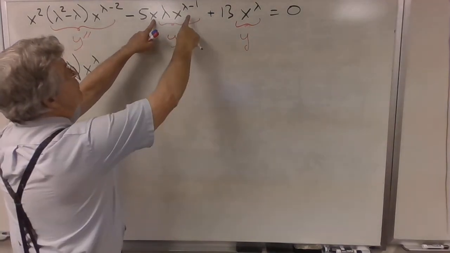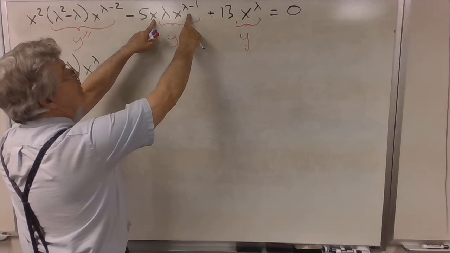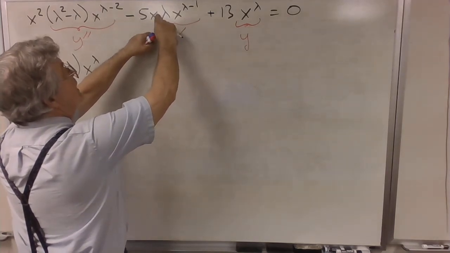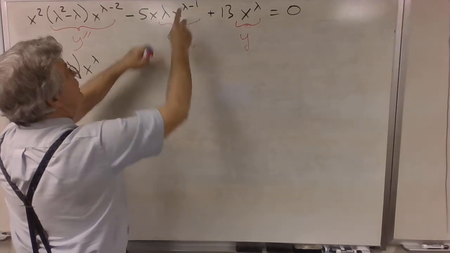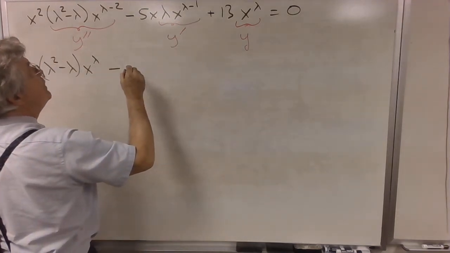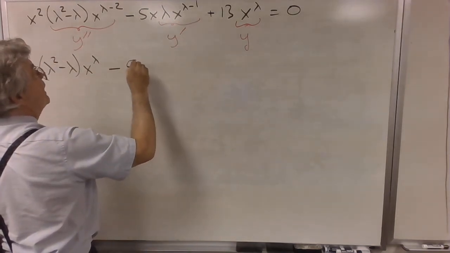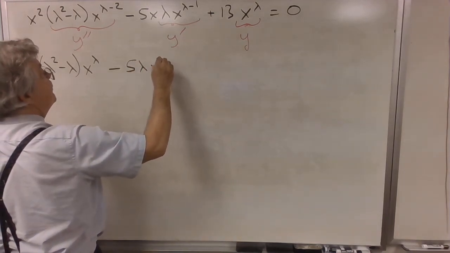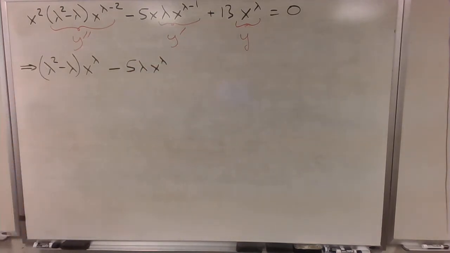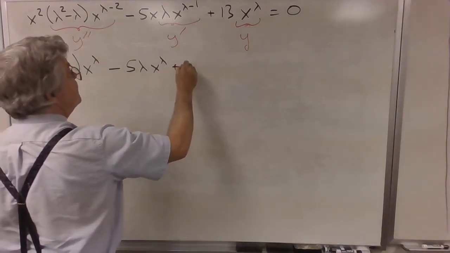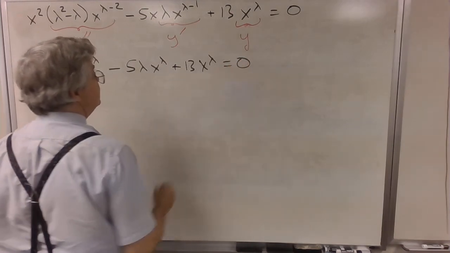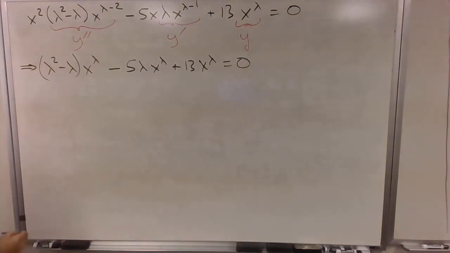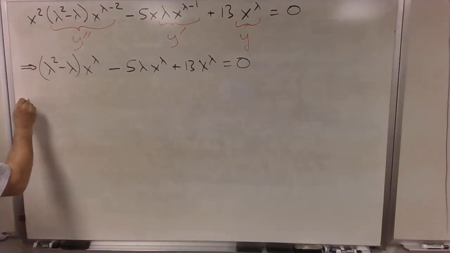X to the first, x to the lambda minus 1, the exponents add, we just get x to the lambda. And then 13 x to the lambda is 0. Divide both sides by x to the lambda.